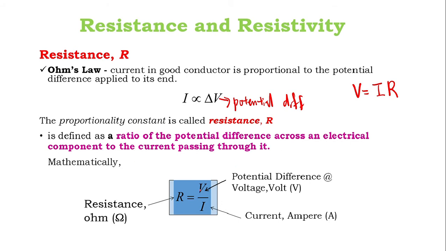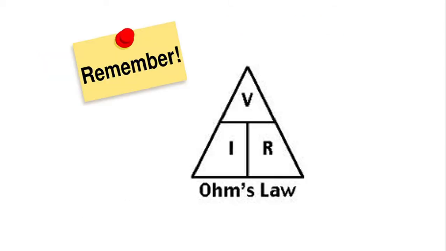So R equals V over I. Okay, so Ohm's law is I directly proportional to V, and resistance is the ratio between the potential difference V and I. So this is resistance, and the unit of resistance is ohm. V has the unit volt, V, and I has the unit ampere, A. Okay, so next, R equals V over I.